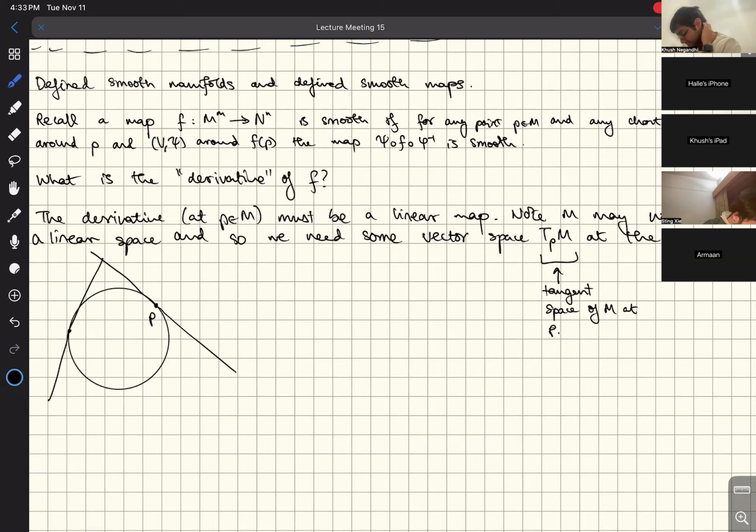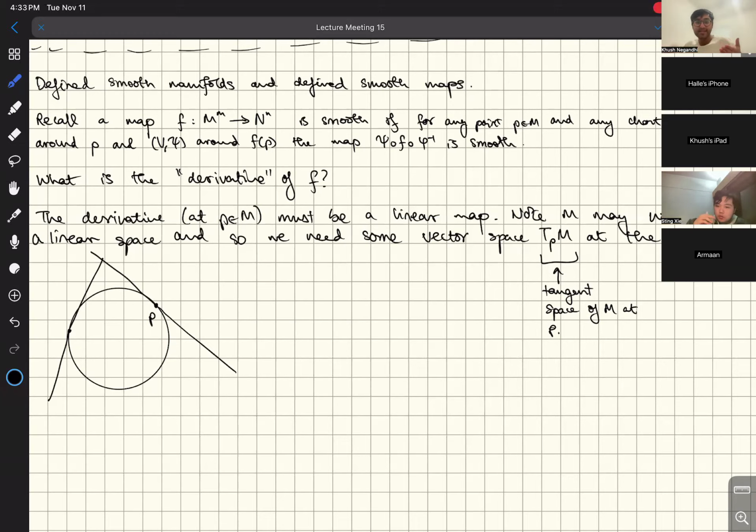One way to do this is if I'm a particle on this surface, and I ask myself, if I move a little bit, I have some velocity vector. What is the best linear approximation for my next position in time? If I take a little step forward in time, what is the best approximation to my position?